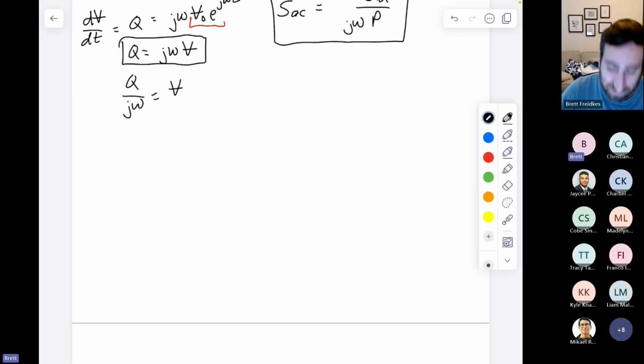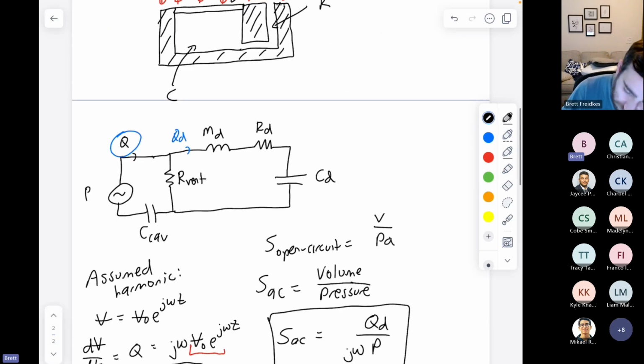Cool. So we ended up solving the circuit last class, or at least showing some of the steps of it using current division. We see here that we wanted to find what Q_D was. So we have this overall Q that's splitting between the diaphragm and the vent. So we ended up combining those impedances because they're in parallel to see what our total Q was, which we can find based on that combination, and then incorporating that with the cavity impedance.